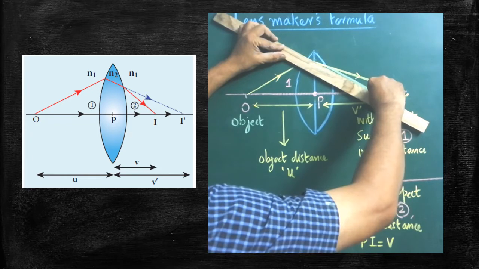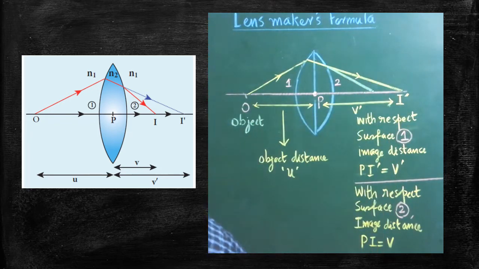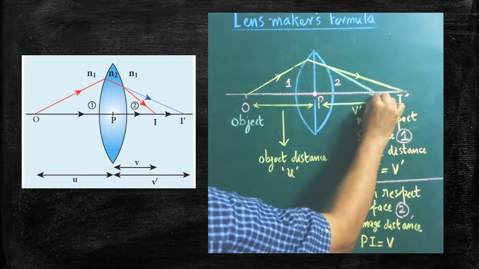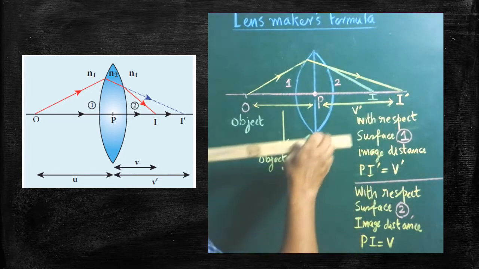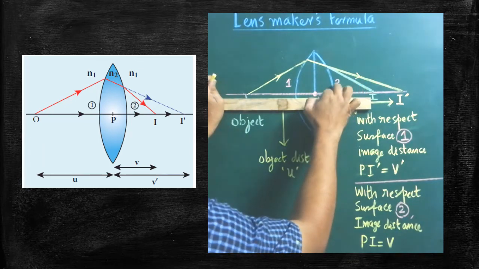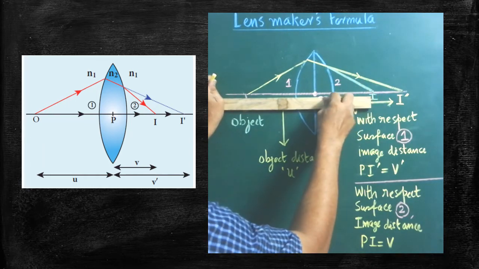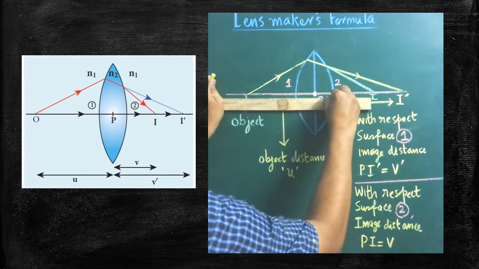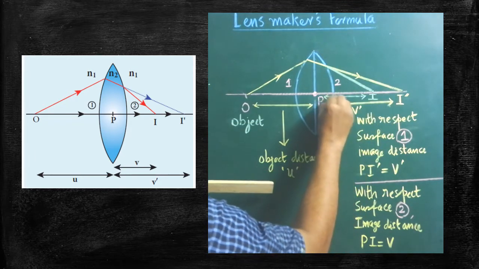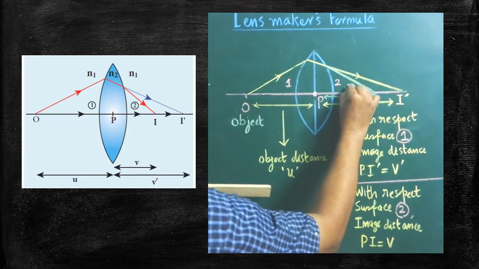The ray gets refracted and is incident on the principal axis exactly at I. Are you clear? Now, with respect to the second surface, the ray gets refracted, so the distance between the image I and P can be taken as V.